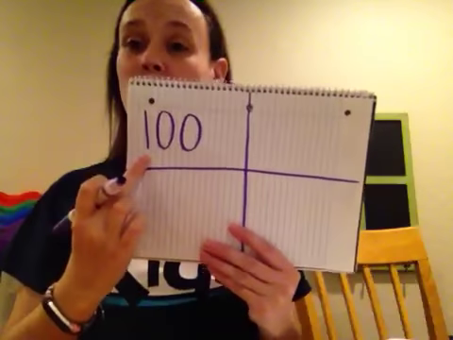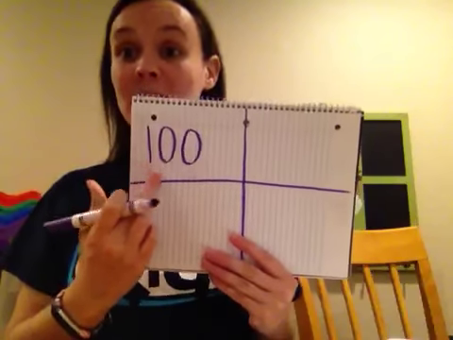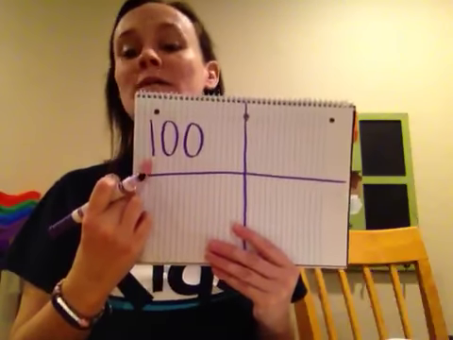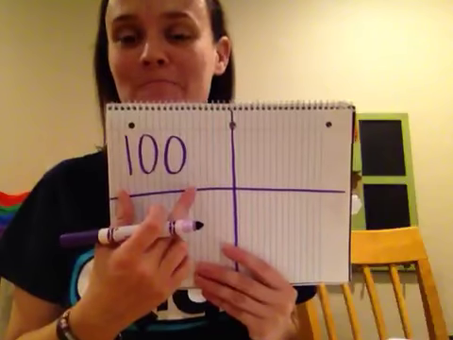That means we'll have 1 of a certain block and then 0 of some other block. So what kind of block will we have 1 of for the number 100? We'll have 100. So I make a square.